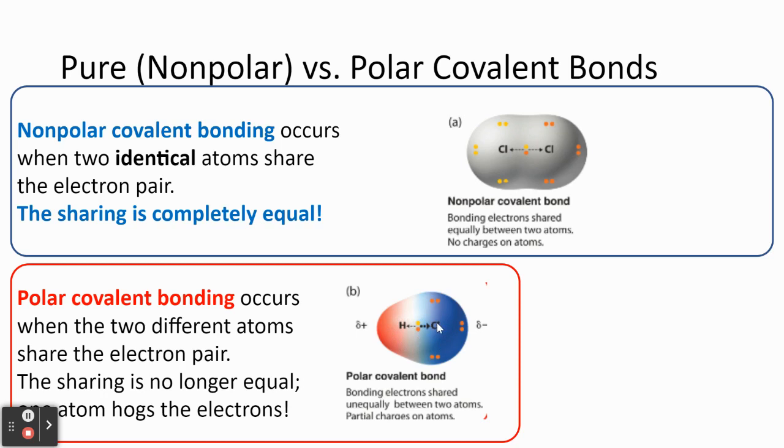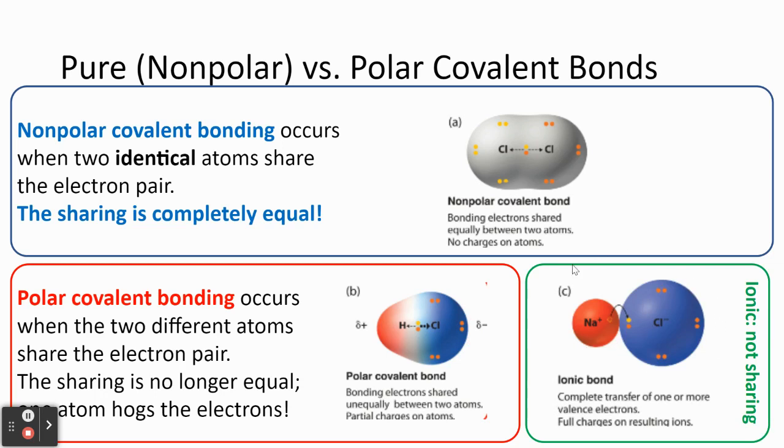But chlorine has a higher attraction for electrons than hydrogen does. The electrons get pulled closer to the chlorine, and we end up with a partial positive end to the molecule and a partial negative end to the molecule. That's what we mean when we talk about polar covalent bonds. When we have poles, a positive end and a negative end, due to the unequal distribution of electrons.